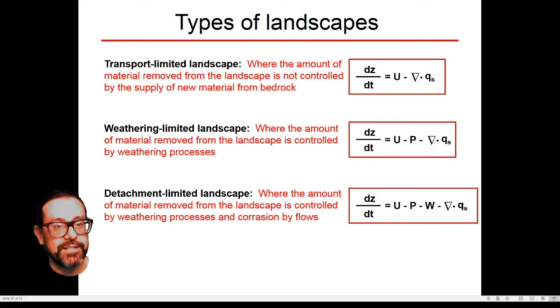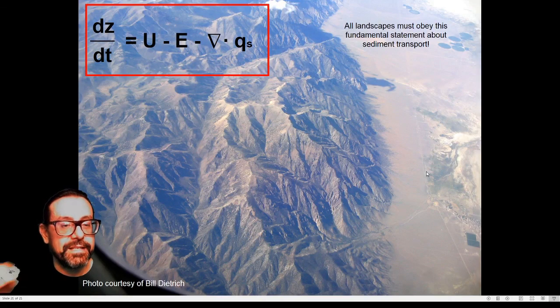So we have these three contrasting types of landscapes, all of which have different versions of that mass continuity equation. And so we can summarize those equations in this very simple statement here.